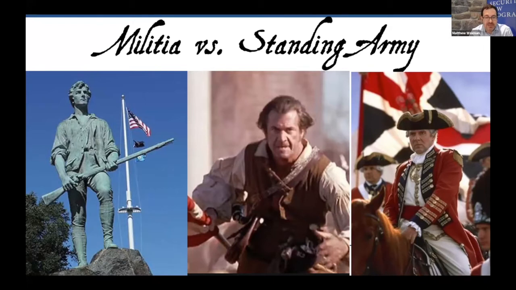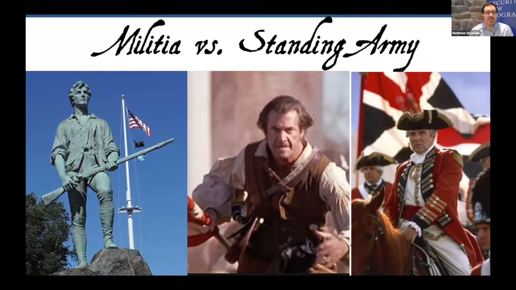On the other hand, many other founders, including George Washington, and especially those who were most involved in actually waging the Revolutionary War in the field, thought that a regular standing army and a standing navy were necessary. Their lesson of experience was that the state militias were ineffective in the Revolutionary War.